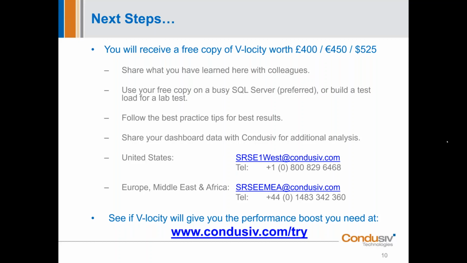Now, if you're also running a mixture of Windows virtual machines and Linux virtual machines, and they're all sharing that same backend storage, even though you can't install the V-locity software onto the Linux VMs directly, they will still benefit if there's a good amount of storage I/O traffic being generated by the Windows part of the estate.